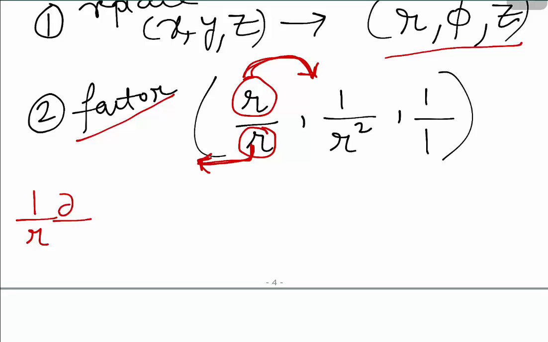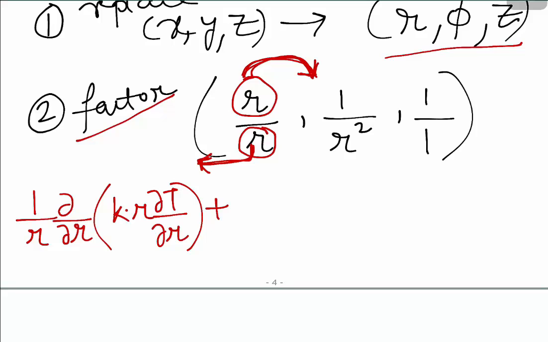We will replace x by r, dou by dou r, k. Now numerator will go inside the bracket, so into r, dou t by dou r, plus denominator will stay outside the bracket, 1 by r square, dou by, we will replace y by phi, dou by dou phi inside the bracket, k.